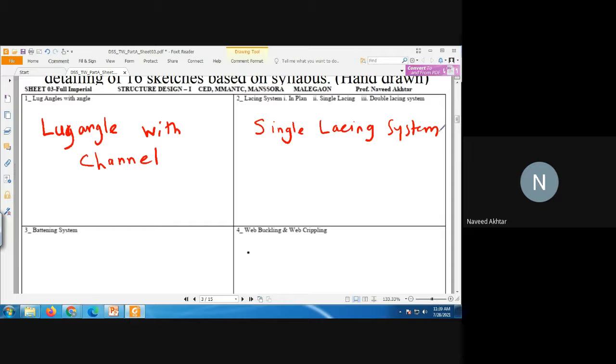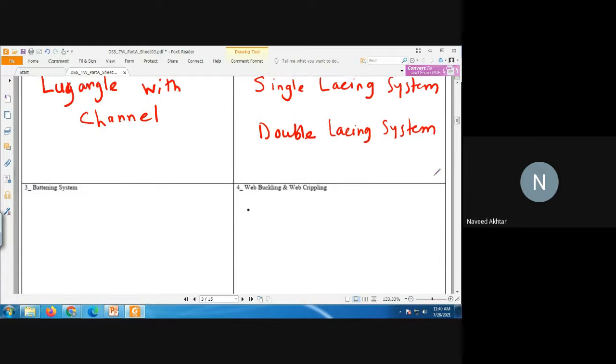In case of your built-up column, double lacing system. Again, in case of lacing system, again, in case of your built-up column, then battening system. You have to draw here, in case of built-up column, and again you have to draw the web buckling. What is the web buckling?